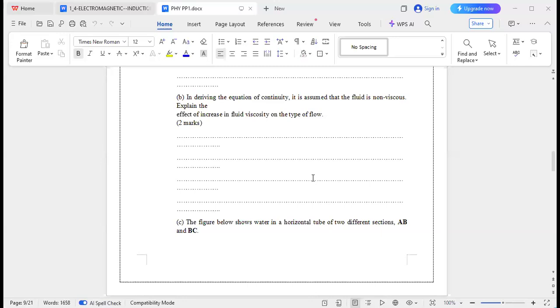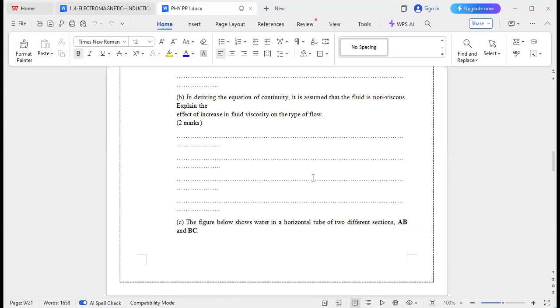So the answer is, increase in viscous drag changes the direction of particles. Hence, the flow becomes turbulent.